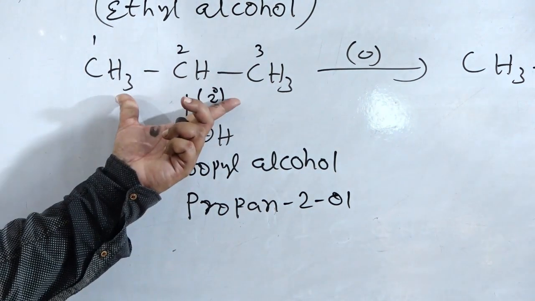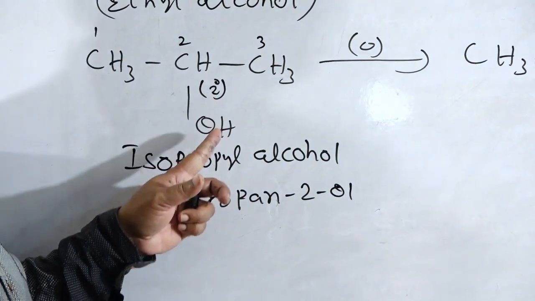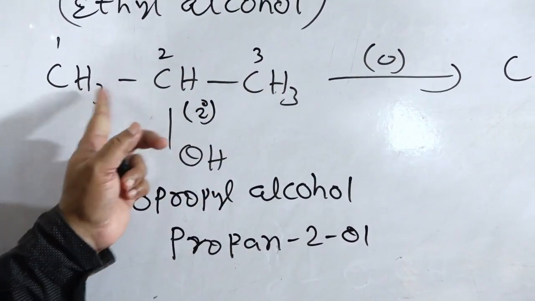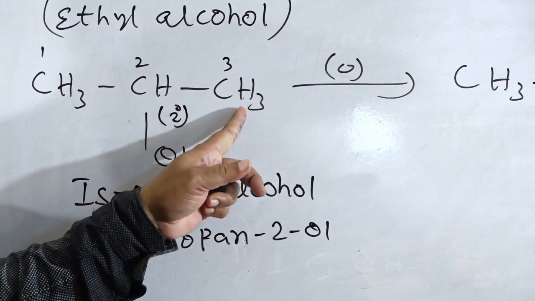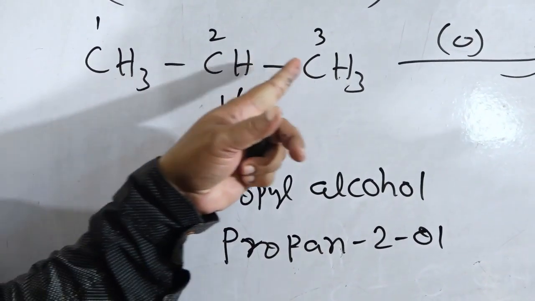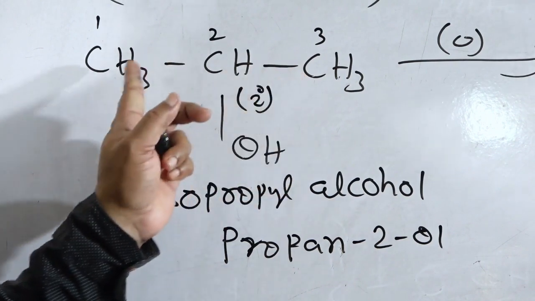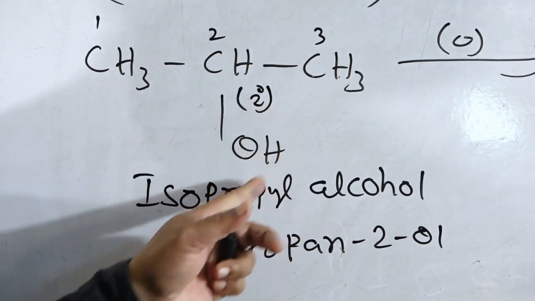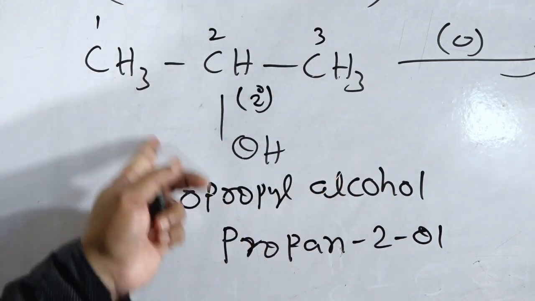Why secondary alcohol? The OH group is attached to a carbon atom which is directly linked to another 2 carbon atoms. The OH group is linked to this carbon atom and this carbon atom is directly linked to another 2 carbon atoms. Therefore, the carbon atom is 2 degree and the alcohol is secondary alcohol.